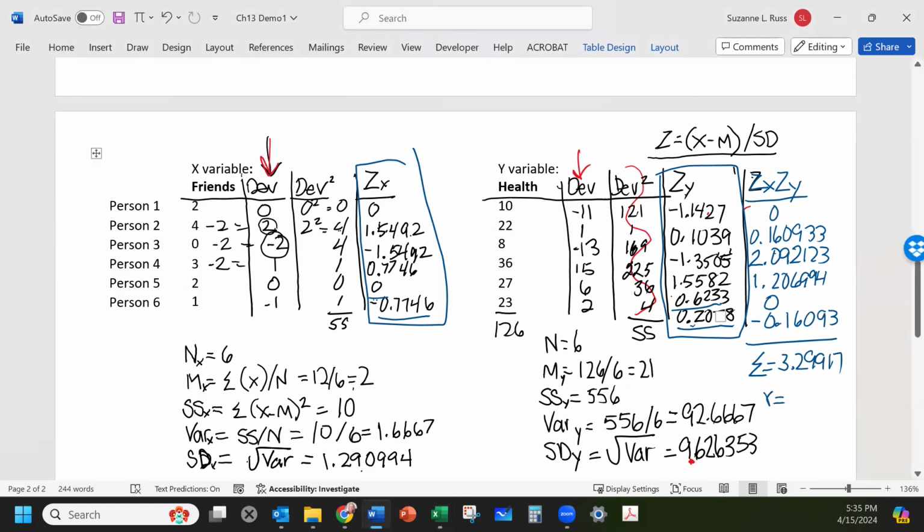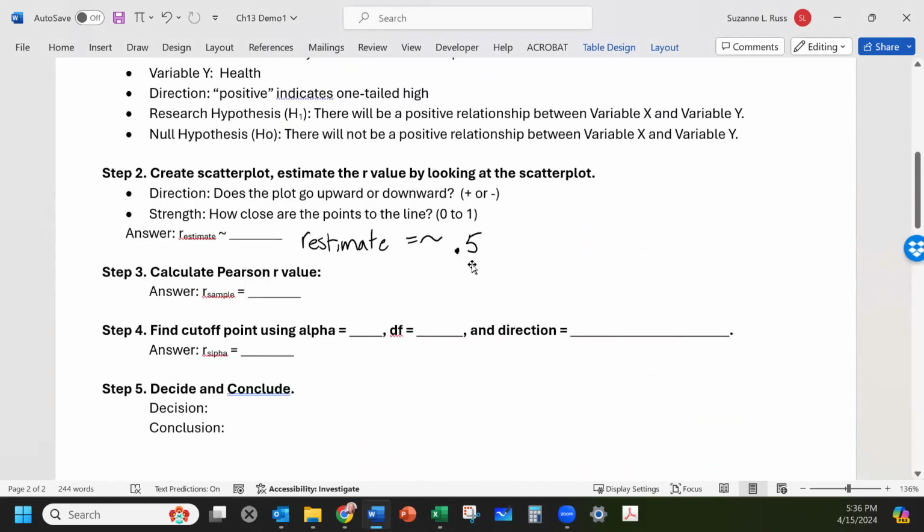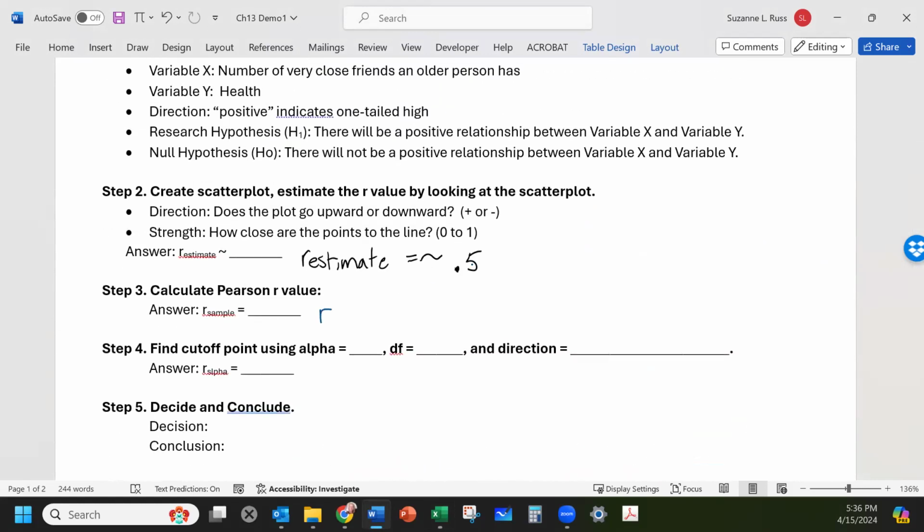And when we do that division, we get 0.549853, which will round to 0.55. So now we're ready to write that into our formula. We can write R sample equals 0.55. Our guess wasn't too far off.